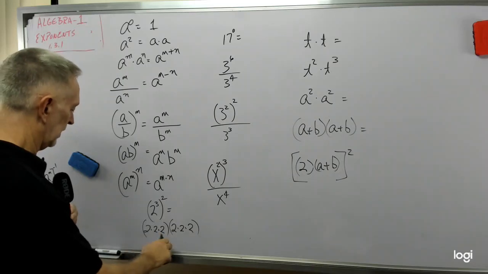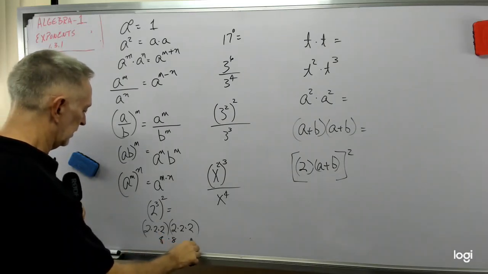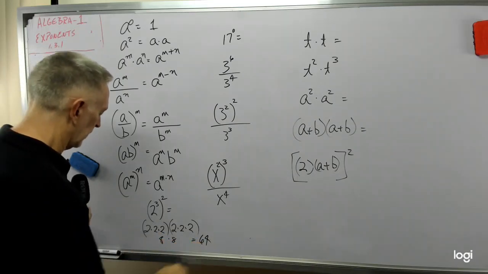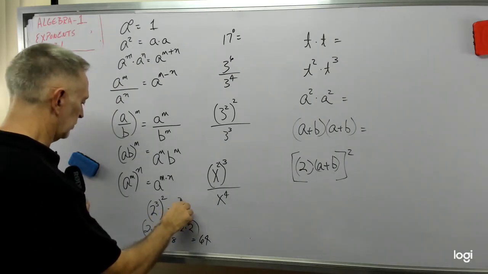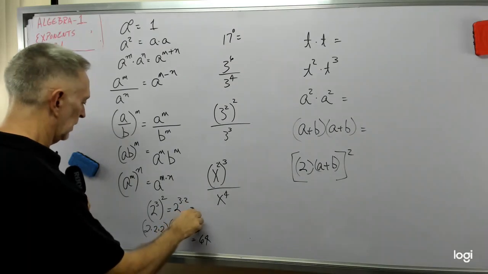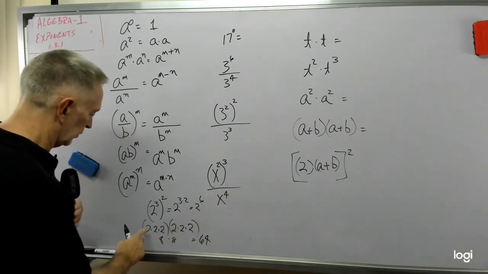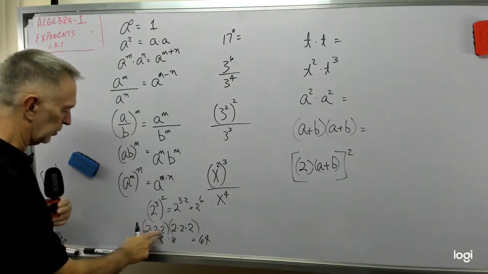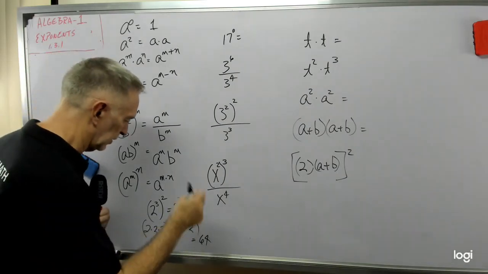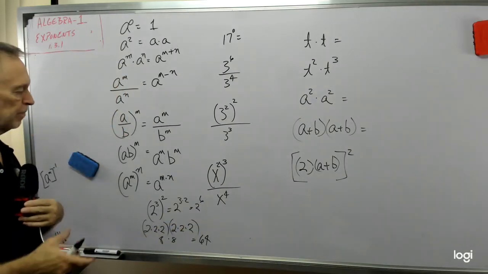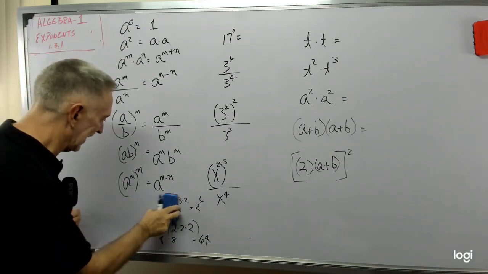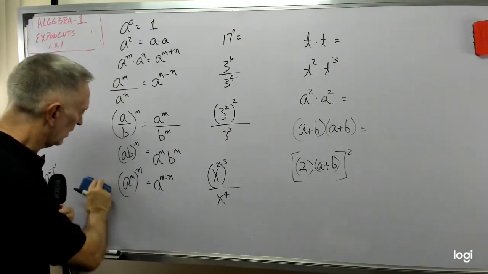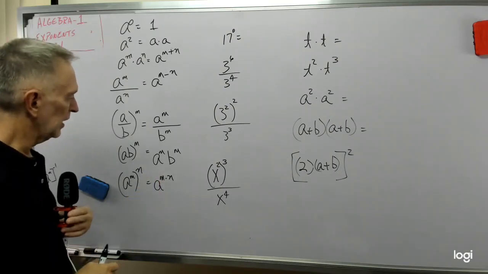So that would be 8 times 8 equals 64. All right, so let's see. This would be 2 times 3 times 2, is 2 to the 6th, which how many 2's did we have? 1, 2, 3, 4, 5, 6. So that would be correct. Okay? So a to the m raised to the n is a to the m times n.